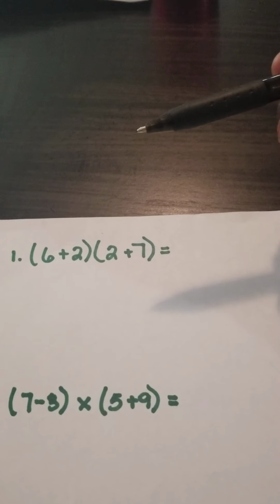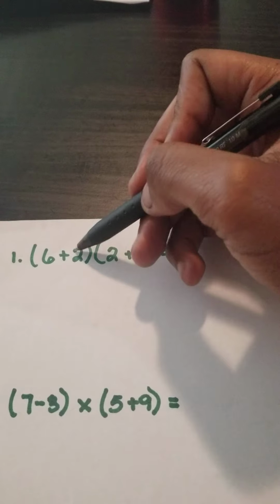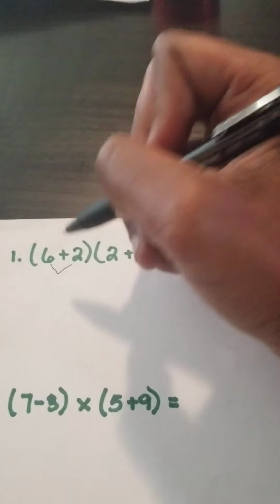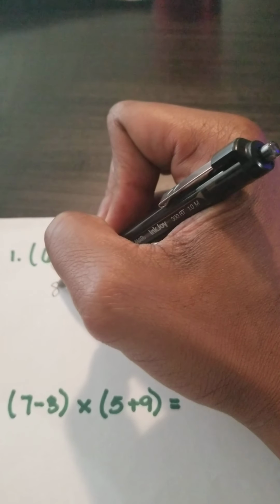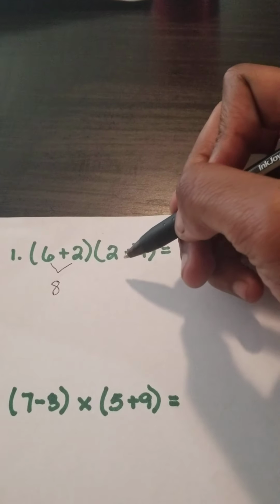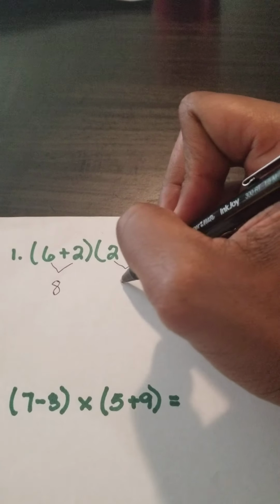That means we're multiplying. So in order to multiply these two parentheses together, I first have to add. 6 plus 2 is 8, and 2 plus 7 is 9.